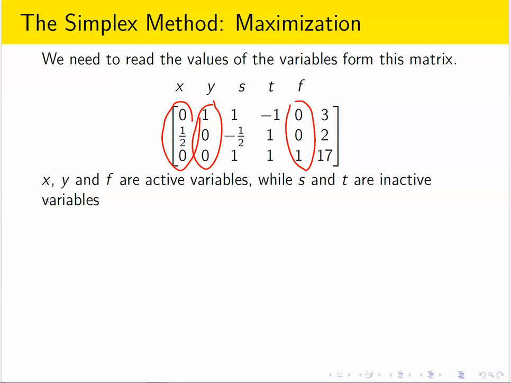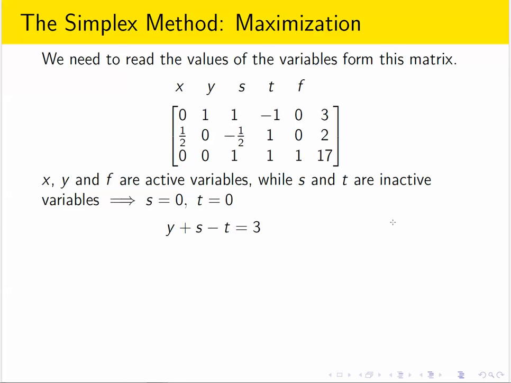So each of those columns are active columns. X, Y, and F are active variables. The other two columns, corresponding to the variables S and T, have multiple non-zero entries, so those are inactive variables. Remember that inactive variables are automatically equal to 0 in our final answer.